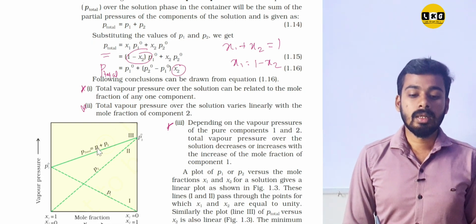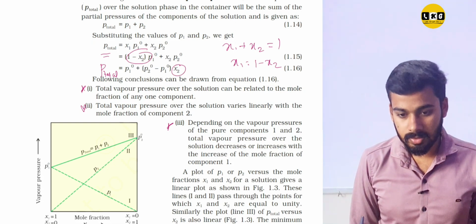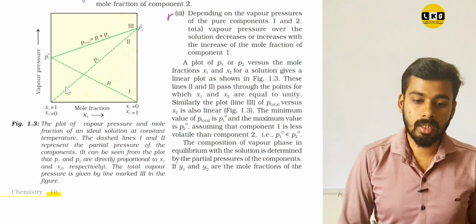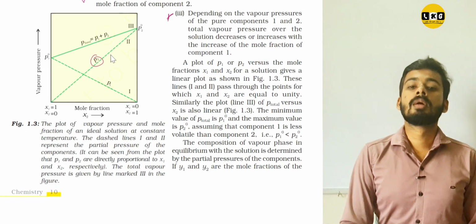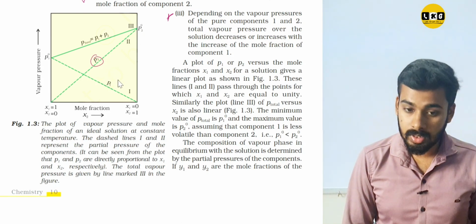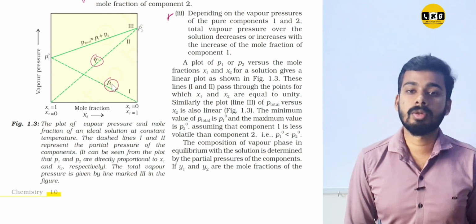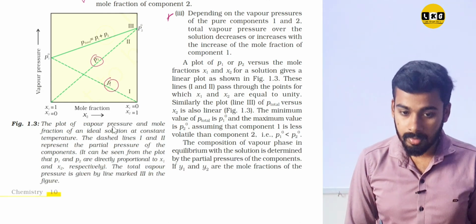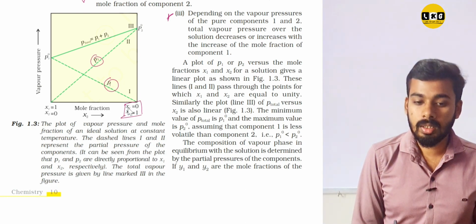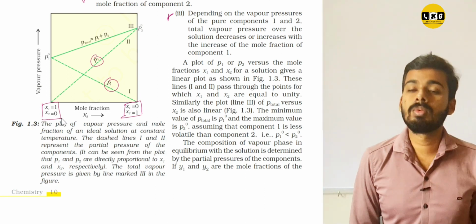So it is depicted in the graphical representation also. Here, these dotted lines represent the partial pressure, the vapor pressure of component 2, that is P2. This is the vapor pressure of component 1, P1. If you observe, here X2 is 1, here X1 is 1.